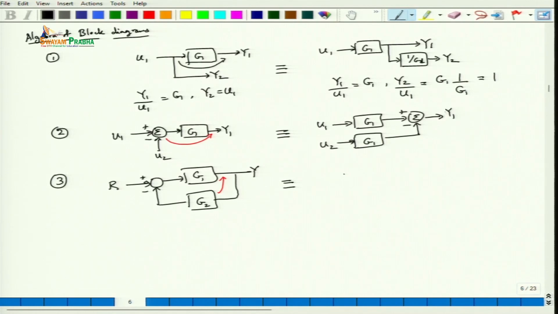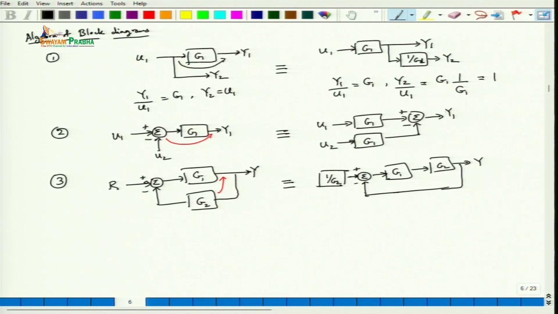So you will have your summation here, plus minus, you will have G1, you will have G2, you have Y, and this is unity gain on the feedback path. Now since we have done that, to compensate for this, we pre-multiply by 1 by G2 here, and this is R.